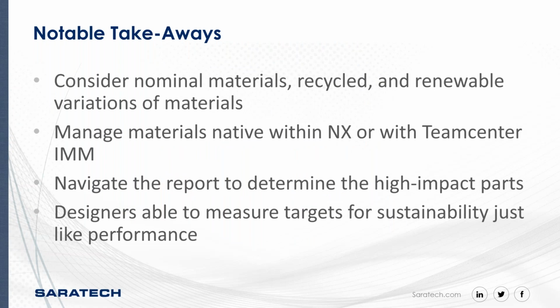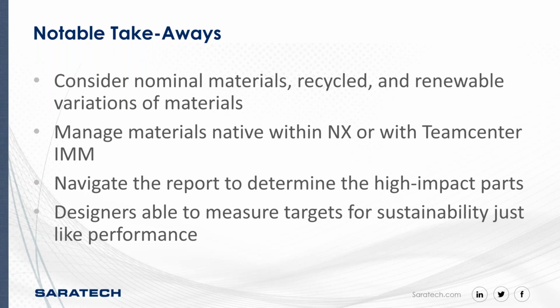So here, hopefully you're able to see how you can efficiently look at both the materials assigned in nominal versions, but also with the physical material library provided, also be able to consider what a recycled and renewable variation of the material might look like. Now, the materials and the workflow that I showed was the one native within NX, but the workflow is very similar with Teamcenter Integrated Materials Management.